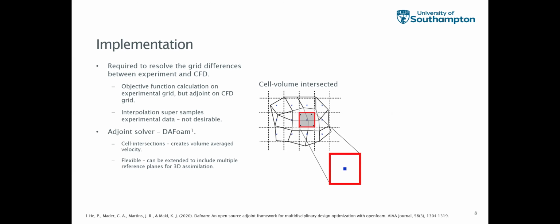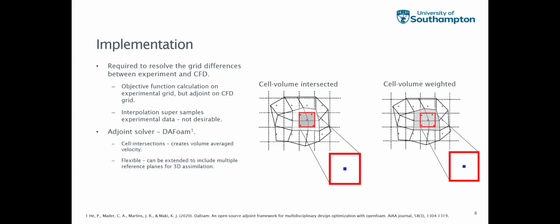So for the cell volume intersected case, we consider the intersections between a computational grid and an experimental grid. Here you see the experimental grid shown in dashed lines, and the computational grid in solid lines. The goal is to use all the information from the CFD and arrive at a cell volume averaged velocity, which is then going to be used to compute the objective function. So this was one of the implementations that we did.